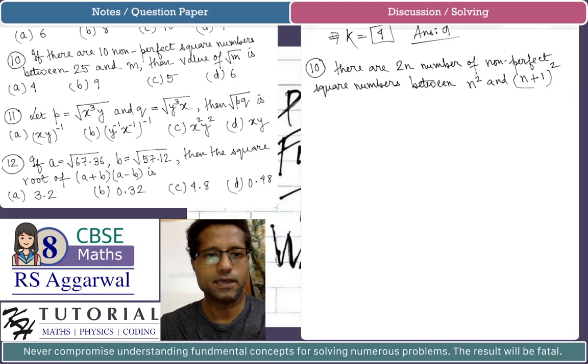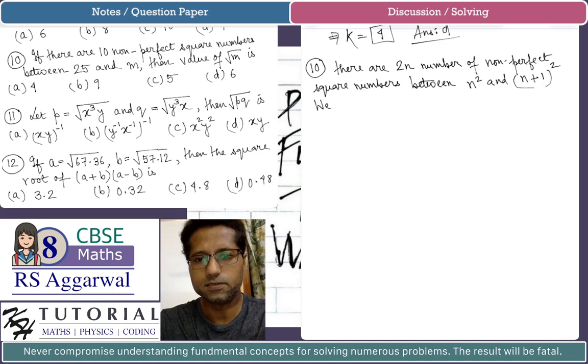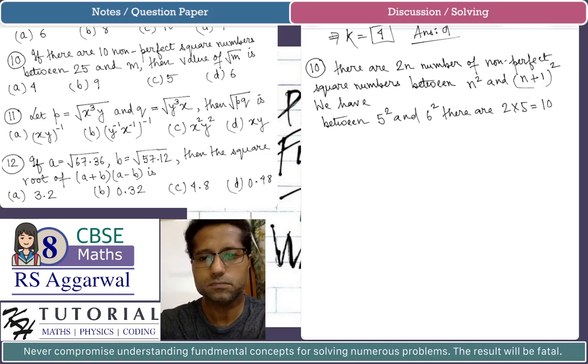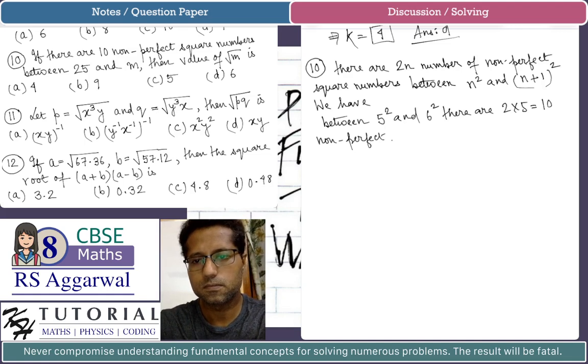We know that between 5 square and 6 square, there are 2 into 5, that is equal to 10 non-perfect square numbers.